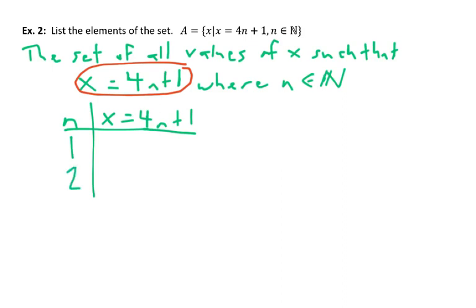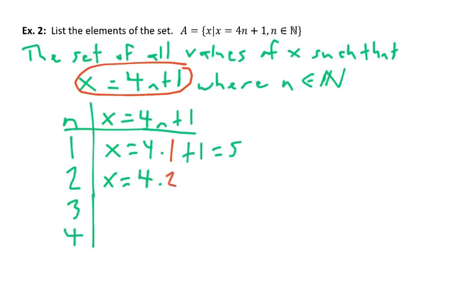So it's 1, 2, 3, 4, and so forth. And if you take each one of those values of n and plug it into this formula for x, 4 times 1 plus 1, that'd be 5. x is equal to 4 times 2 plus 1, plugging in different values for n.